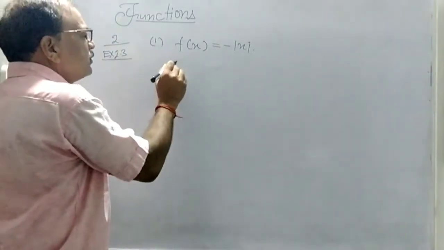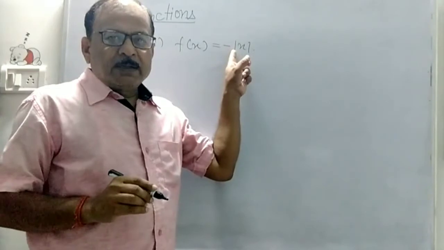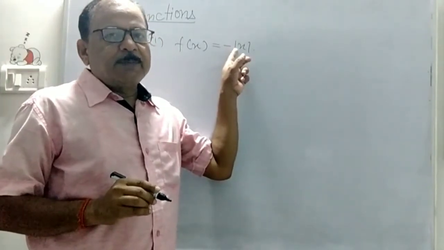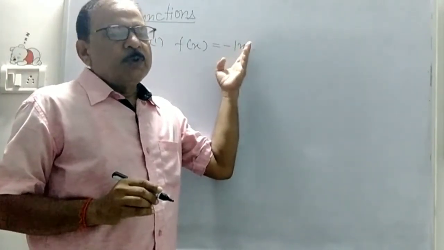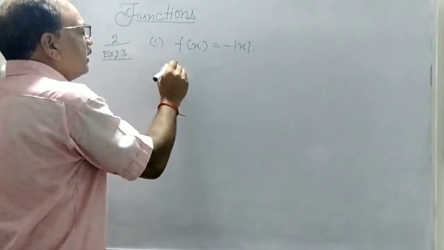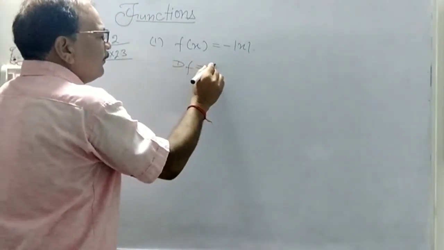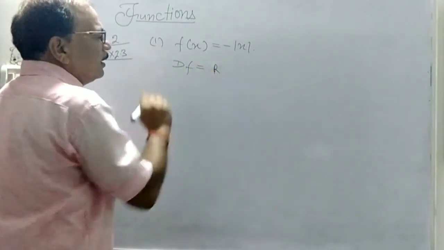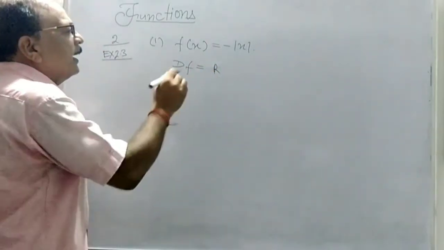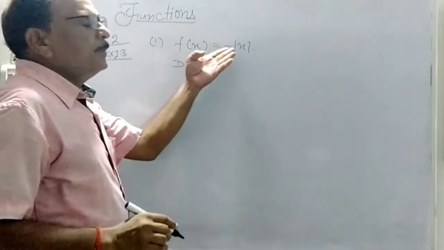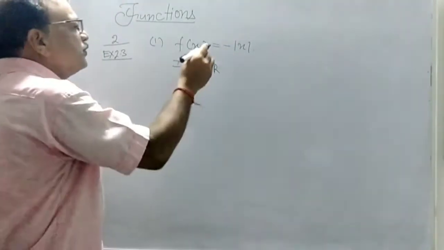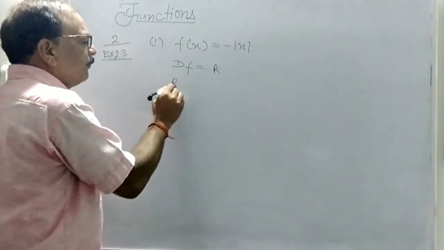Now here you see this function is defined for all real values. So the domain of this is the real numbers, and now the range of this.